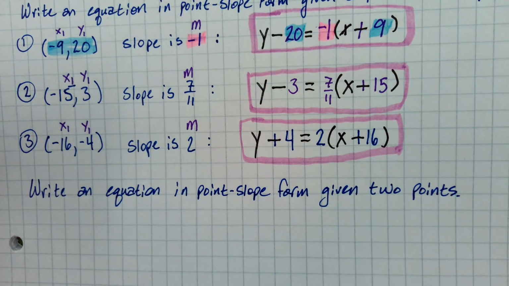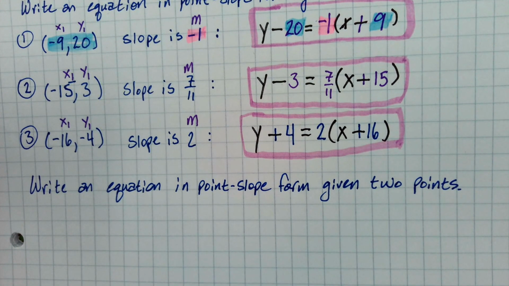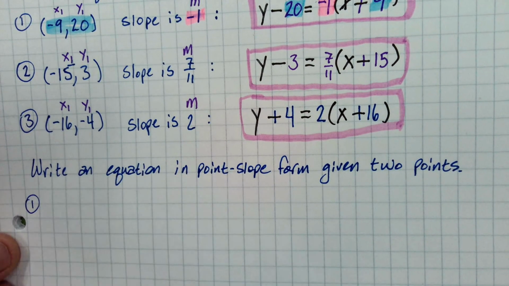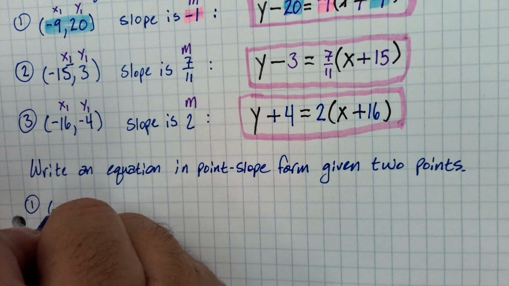This is going to be a little tougher because the easiest situation is the ones we just did, where they give you a point and a slope, okay? So for these, they're giving us 2 points. So example number 1, in fact, gives us these points.